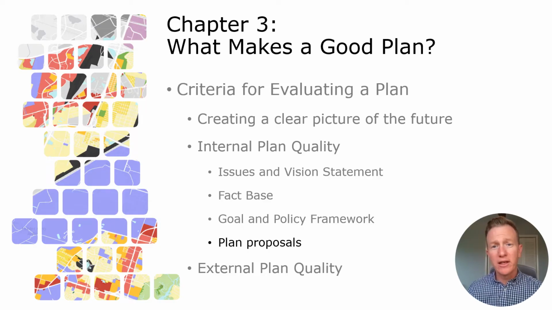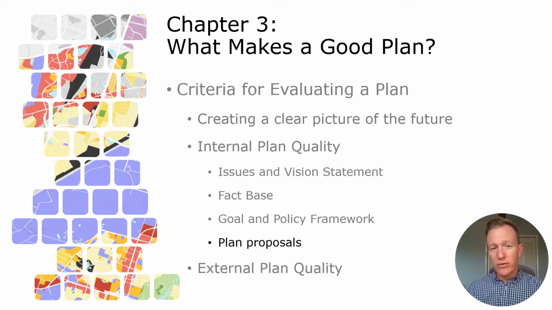And then lastly, any good policy needs to have good monitoring and evaluation. And this is a requirement of state law as well, that we need to track the implementation and performance of our general plans. So in California, that means that every April 1st, your general plan implementation report needs to be submitted to the Office of Planning and Research.